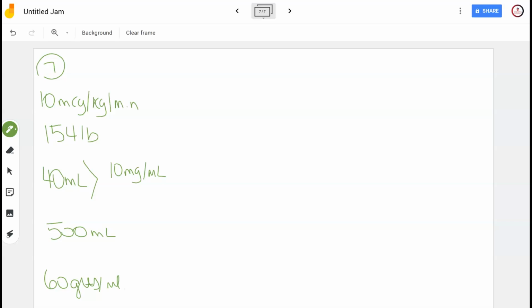So first thing, you're going to convert your pounds to 70 kilos. Now you're going to get your desired dose by multiplying 70 by 10.